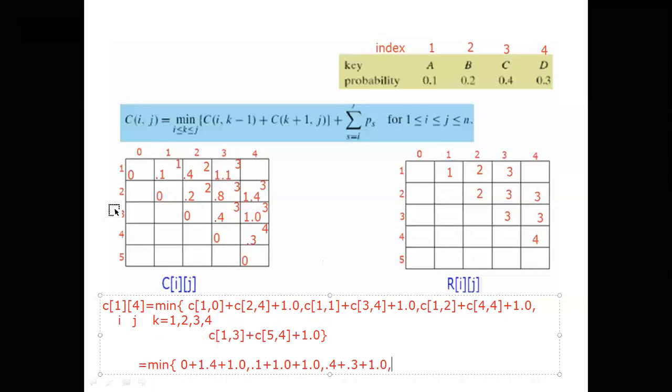C of 1 3, 1 3 it is 1.1, plus C of 5 4, 5 4 is 0, plus next 1.0, right? I will close this one, and what are the values will come equal to minimum of first sum 1.4, 1.4 plus 1.0 it is 2.4, right?